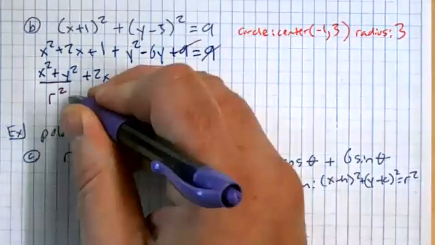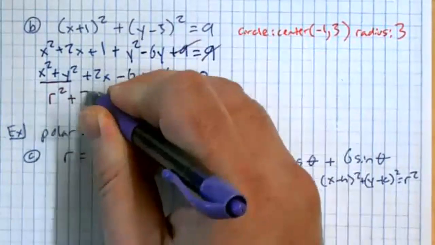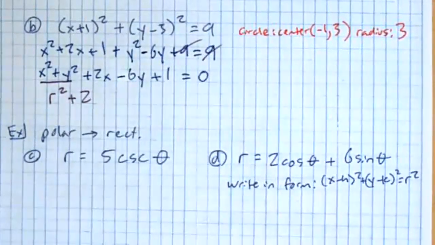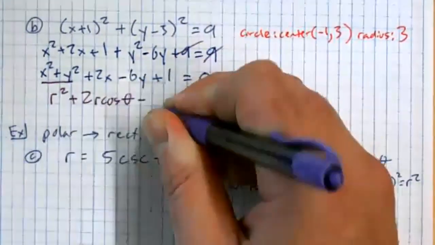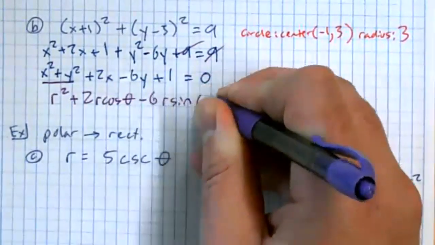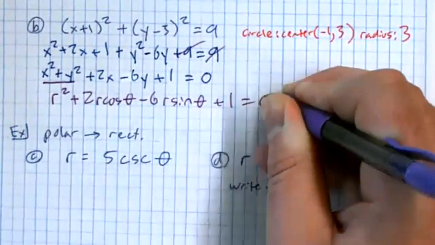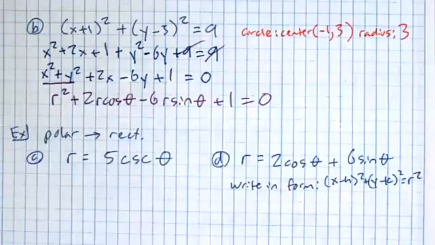Yeah, look at that, r squared. Plus, okay, for x, we're going to have to use r cosine. That's okay. And I'm not seeing an easy way for me to get r by itself in this equation, so we'll call that good. There's no more parentheses, so we'll call it good.